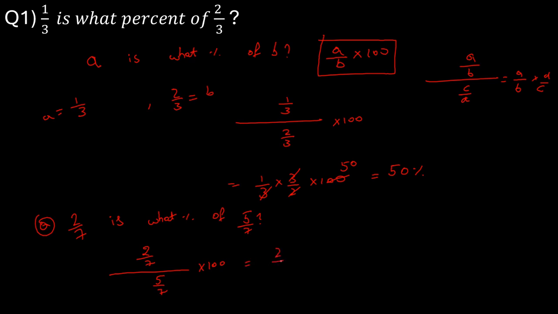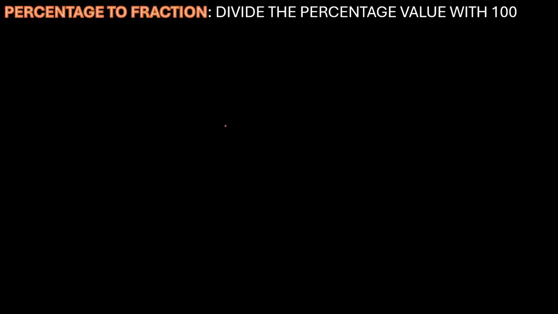That equals 2 by 7 into 7 by 5 into 100. 7 ones are 7, 5 twenties are 100. That equals 40%. So I hope all of you are clear with this concept. Let us move to the next concept.